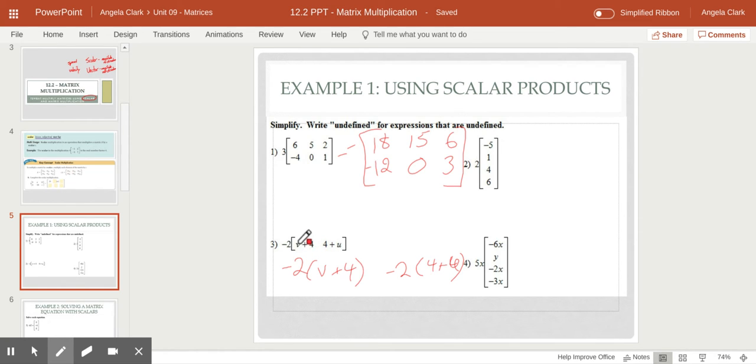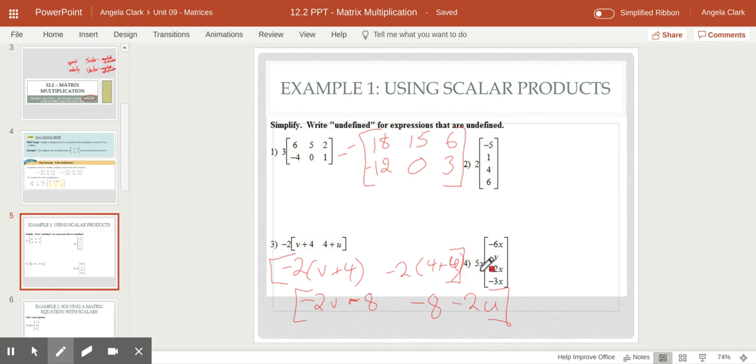So we're multiplying the negative 2 by that whole thing. So we have to distribute. The answer, sorry, let me put my brackets in. The answer would be negative 2v minus 8. That would be one element. And then the other element is negative 8 minus 2u. So if there are multiple terms in the element, then you have to distribute to both of them. So this would be our final answer.